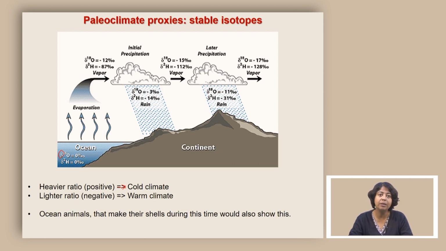And now, if we can look at those shells of those particular times, that will tell us something about this heavier ratio versus lighter ratio, and then we can talk about what was the condition like when those animals were living. And we are going to spend some time talking about each of these types of animals.